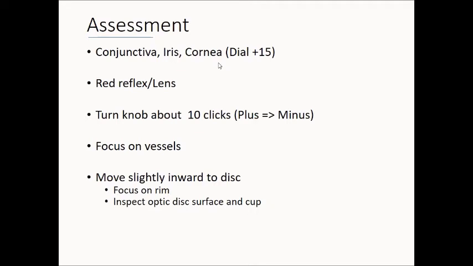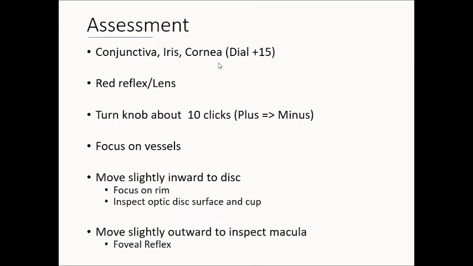And of course, I want to ensure that there are no abnormal features such as hemorrhages. For more advanced users, once you've assessed the optic disc, you can try then to move backward, now outward in the direction of the patient's ear, and find the foveal reflex, which would suggest that the patient has a normal macula.